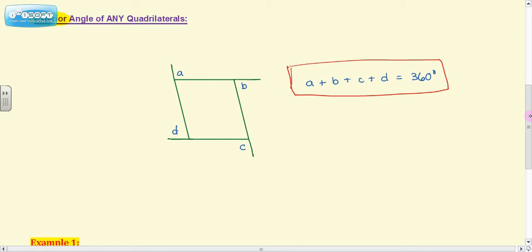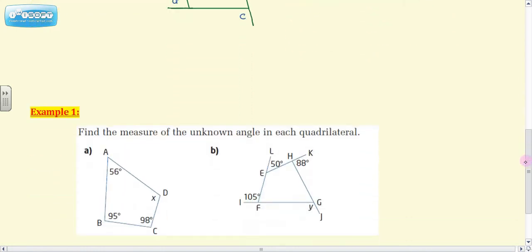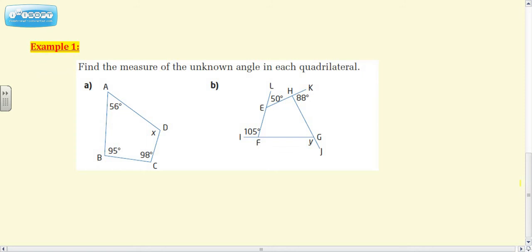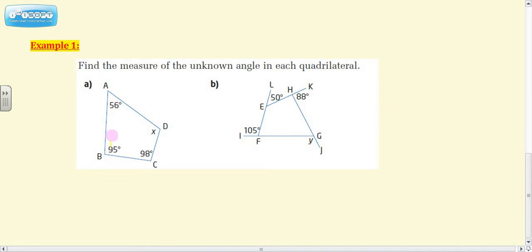Alright, so let's try these properties out. Here's an example. Find the measure of the unknown angle in each quadrilateral. In the first example, I have angles A, B, C, D, but D is missing. It's represented by the letter X. I'm going to need to find the measure of that angle. From our properties above, I know that all 4, when added up together, should equal 360.